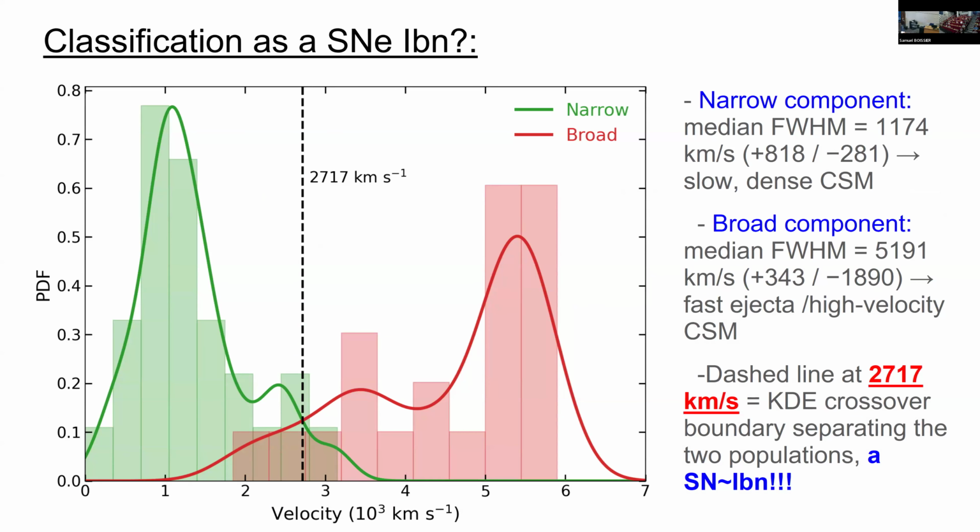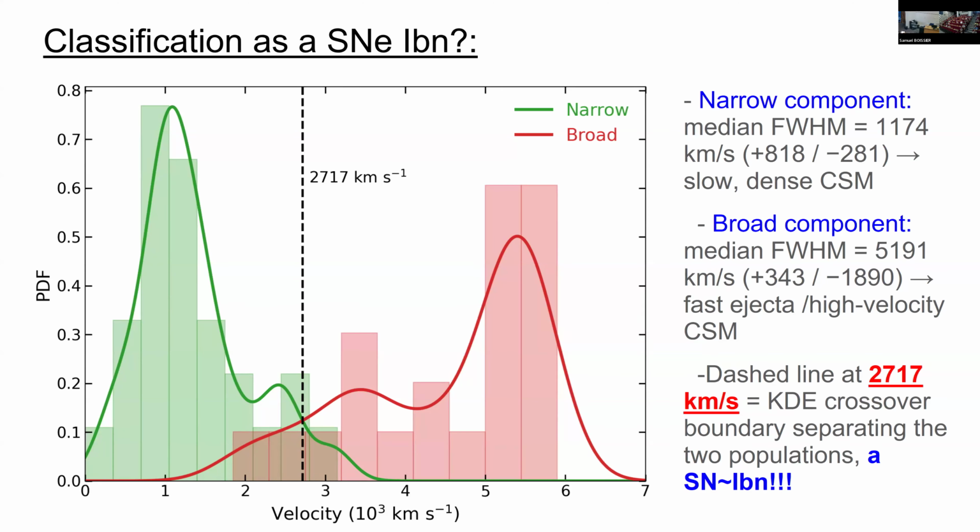What we also wanted to do is, when we have a spectrum of these Type Ibn supernovae, what is the classifying criterion, or how do we classify them as Type Ibn supernovae? For that, we found the narrow component and the broad component of the fit, and we found the KDE crossover point of these two populations.